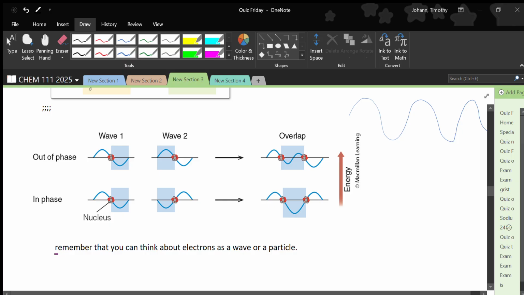That makes the energy level that the electrons can be in. When these two things come together and then electrons occupy this orbital, that makes this orbital more stable. So let's go over here and we'll say constructive interference. And it's more stable.